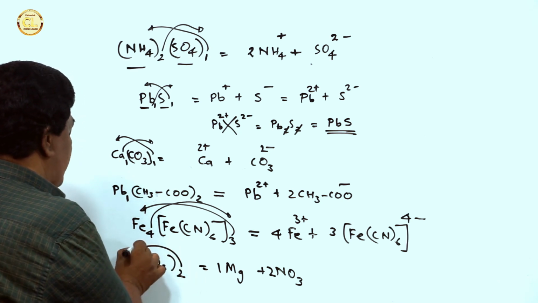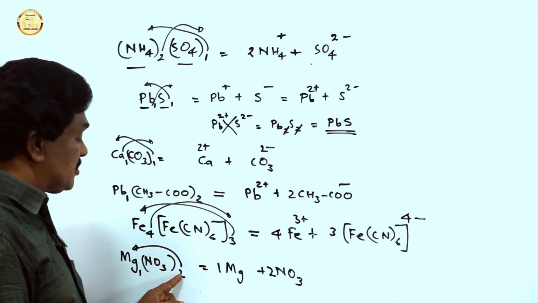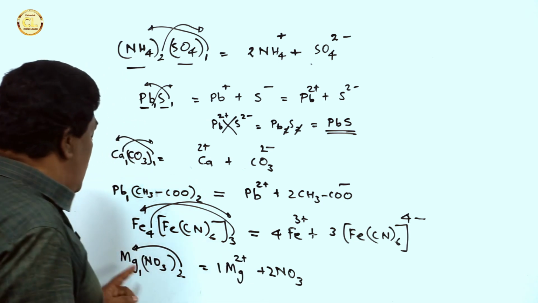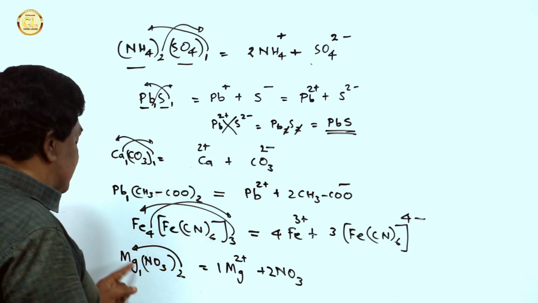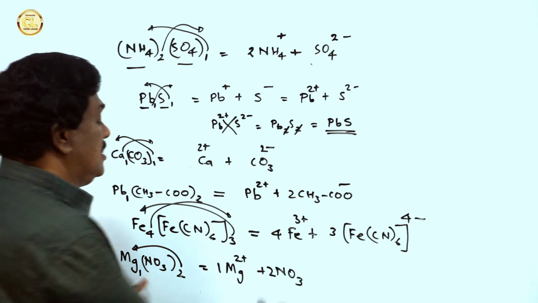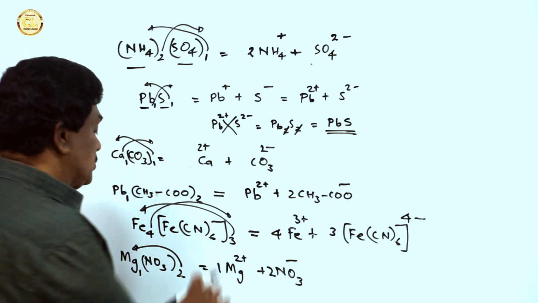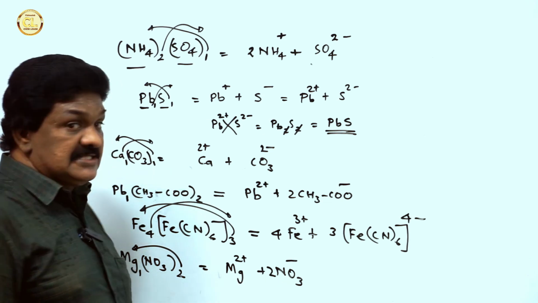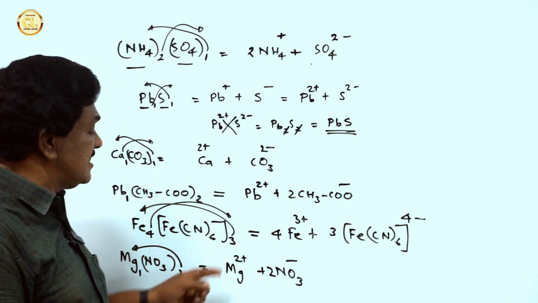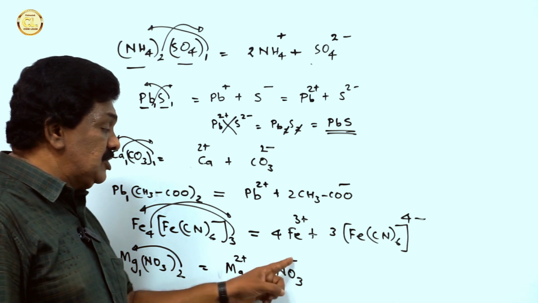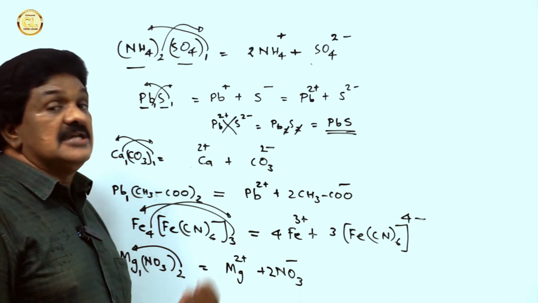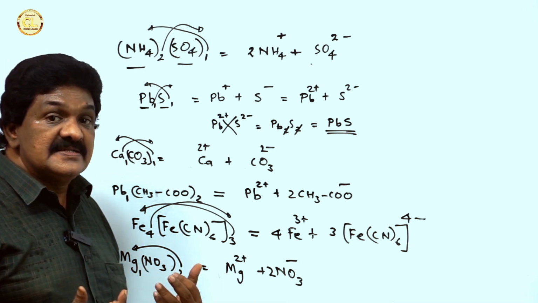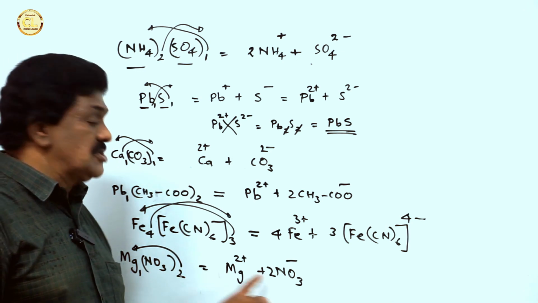The charge of Mg is the subscript of the NO3 unit, that is 2, so 2 positive. And the charge of NO3 is the subscript of Mg, that is 1. So it can be split like this: Mg2 plus and 2 NO3 minus. Let us check whether the charges are cancelled. 2 positive, 2 into 1, 2 negative. So the charges get cancelled and the compound is split up into constituent ions.